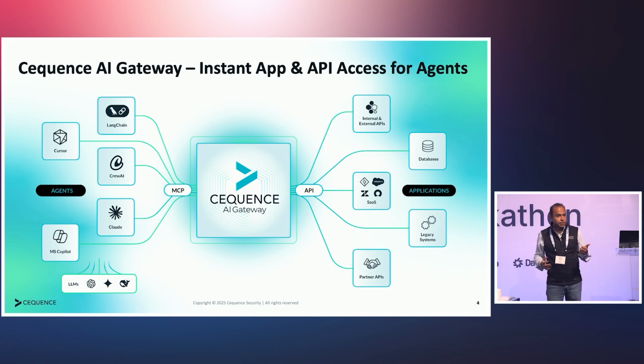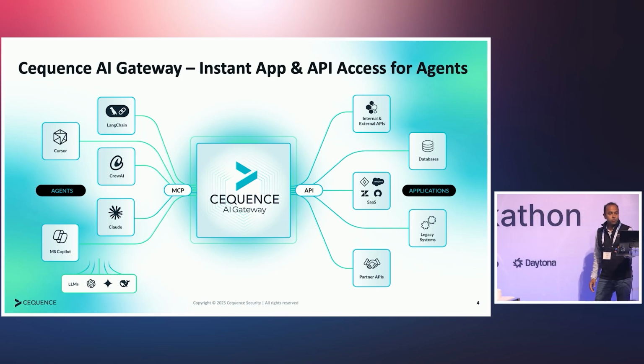It could be your SaaS apps, like Salesforce or Slack, whatever applications are out there. There might be an existing server, but there might be others that you don't have an MCP server for. It's enabling access to your internal applications. Anything that has an API can be translated into an MCP server, and we become that translation layer in that setup. So that's what Cequence AI Gateway is.